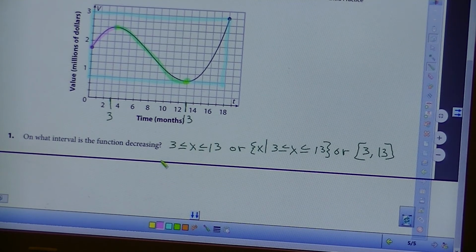Because it didn't tell you which one, you get to pick. I'd pick this one, it's easiest. But is that the only section that it's increasing? Well, no. It's also increasing over here. So your answer is going to have 2 pieces to it if you plan on answering that question completely. Okay? Next.